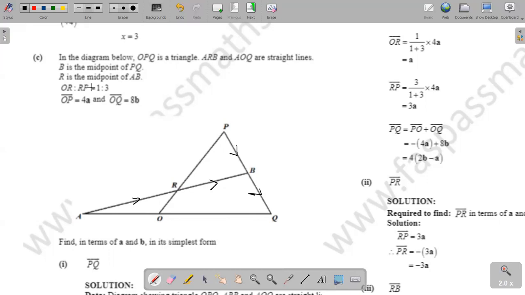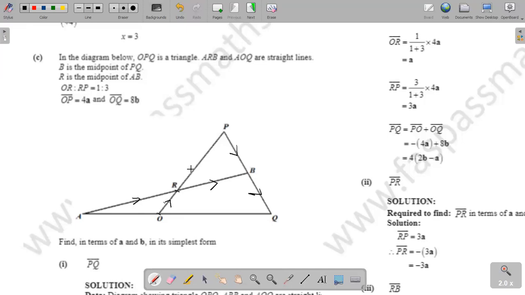Now look at what they tell us here. OR and RP is broken down into a ratio 1:3. So let's look at OR. That means that this part is 1. That's 1 part, right? And that's a vector as well. And RP has 3 parts.